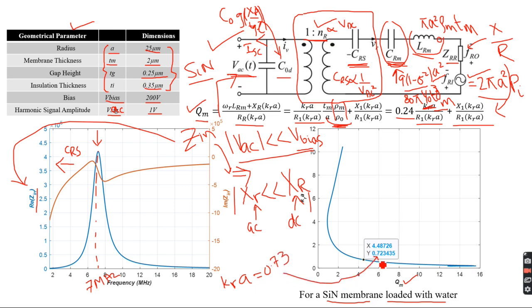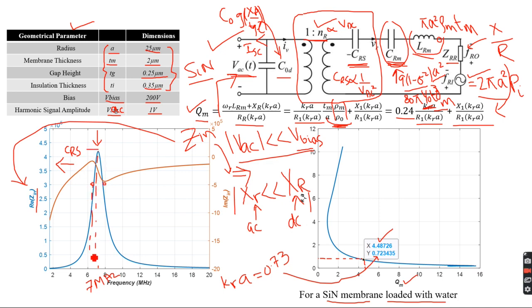And if you look at over here against KR, then the quality factor, if you do this analytically, is about 4.5. That's what is expected of this model. The quality factor, 3 dB bandwidth, is whatever is the 70% level of the maximum.